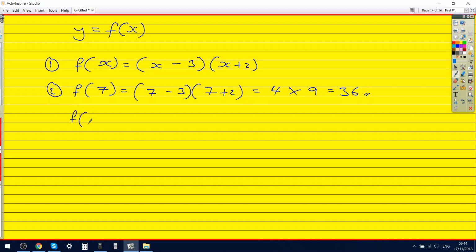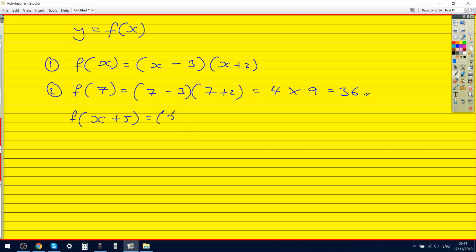What would be f of x plus 5? How would that work? Would I just sub in x plus 5 into that? Correct. Where there was an x or where there was a 7, you're just putting in x plus 5. You can just sub it in and we can simplify it later.